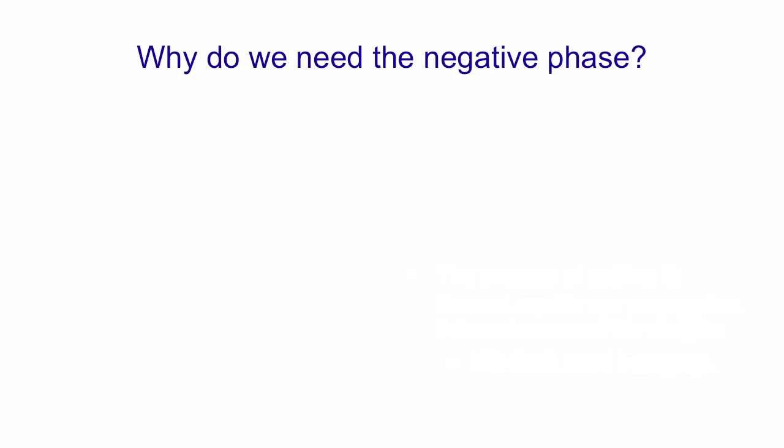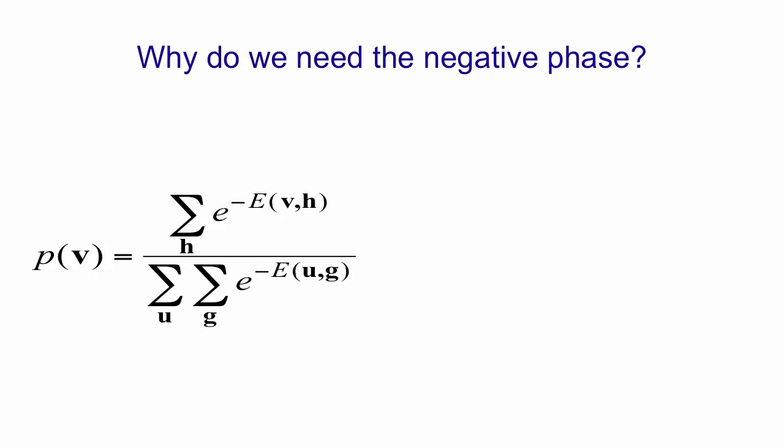Another question you could ask is, what's that negative phase for? I've already said it's like the unlearning we do in a Hopfield net to get rid of spurious minima, but let's look at it in more detail. The equation for the probability of a visible vector is that it's the sum over all hidden vectors of e to the minus the energy of that visible and hidden vector together, normalized by the same quantity summed over all visible vectors.